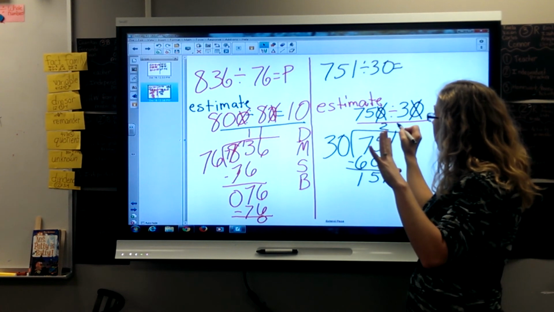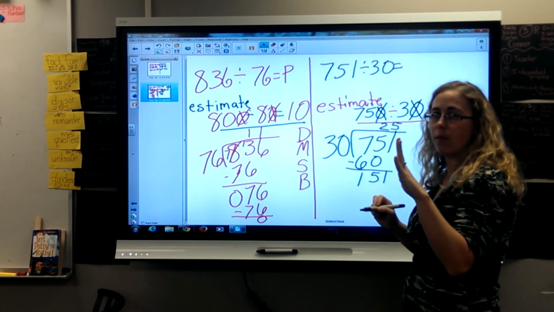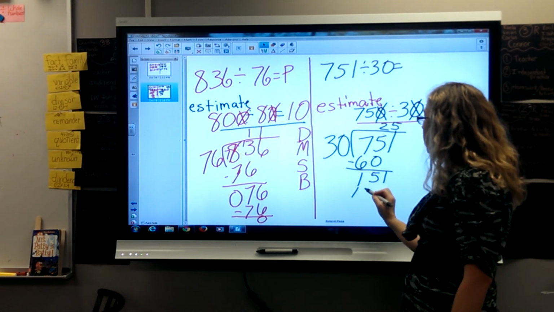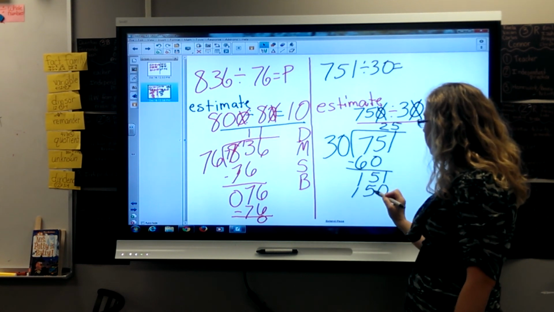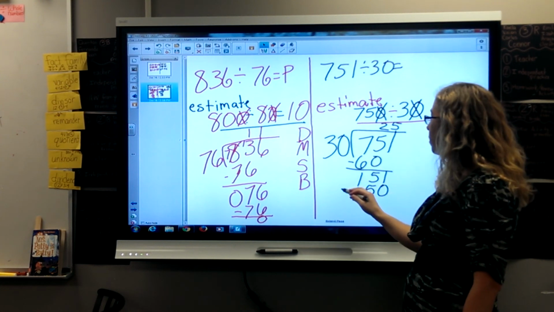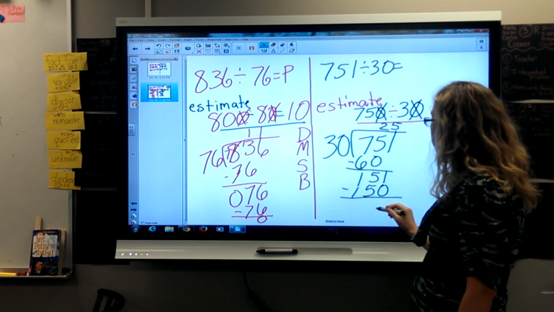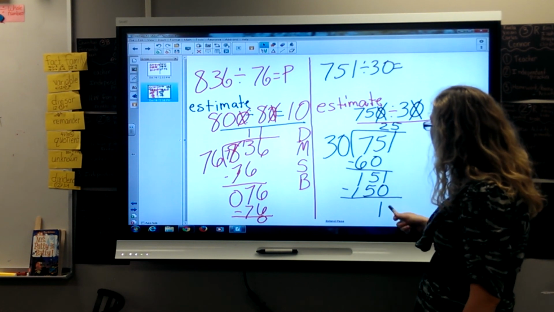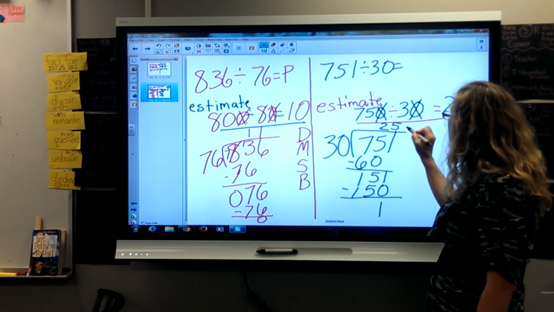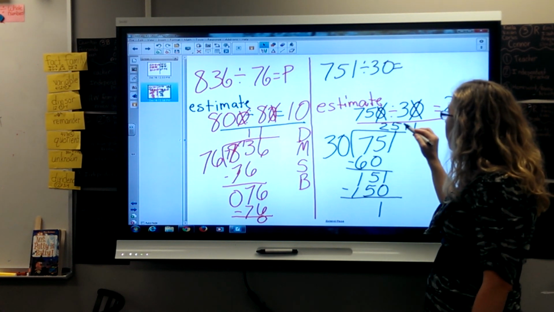I know that they can go together 5 times. That was my division. Now I'm going to multiply. 5 times 30 is going to be 150 because 5 times 3 is 15 with that 0 added in. Now I'm going to subtract, and that leaves me with 1. Now since there's nothing left to bring down, that's my remainder. So my answer is 25 remainder 1.